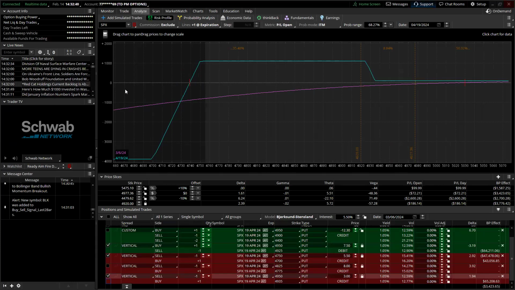But now, right, you can see that this changes my downside risk as well. My downside risk went from 2,700 to 3,900. So we need to plan for something like this, right?